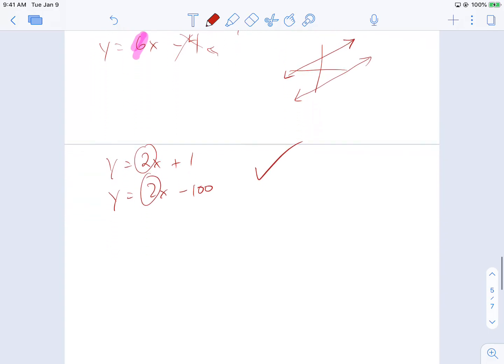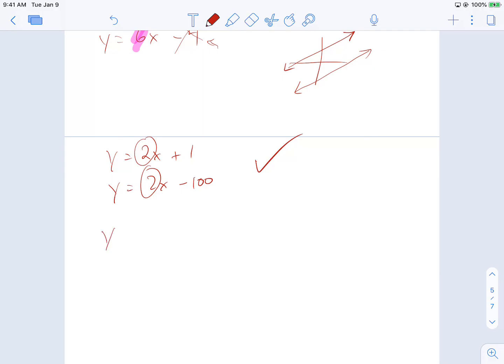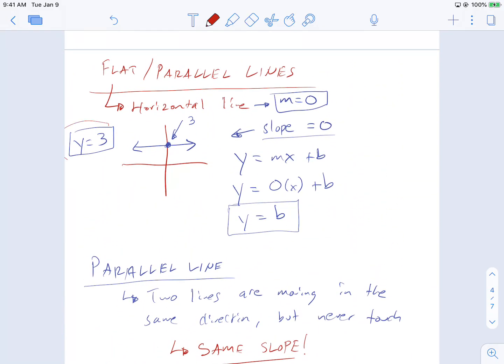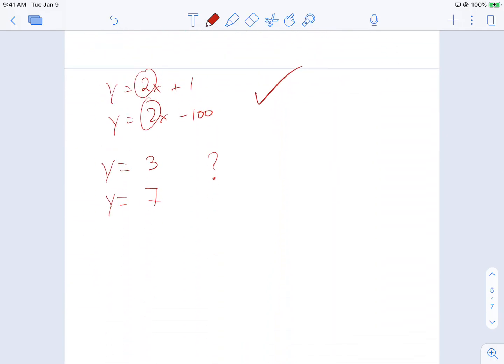And the last thing is, what about flat lines? If I had y equals 3 and y equals 7, are these things parallel? Well, you have to ask yourself, what is y equals 3 and y equals 7? Those things are, remember, flat lines. If we don't have an x value in there, it is a flat line. So are they parallel?